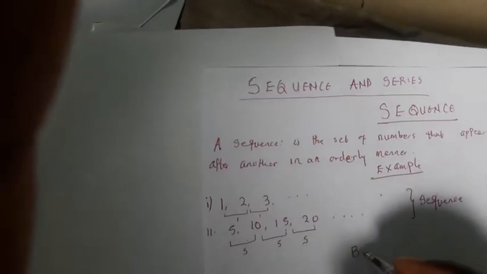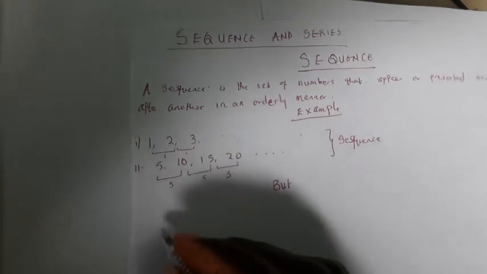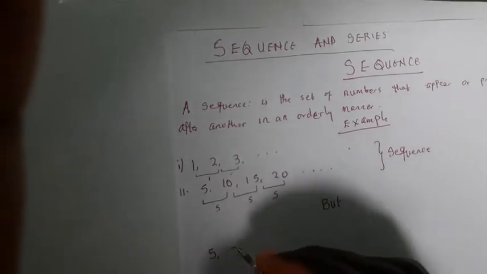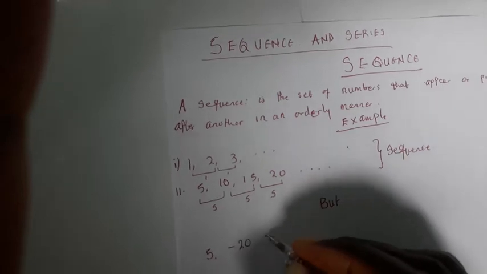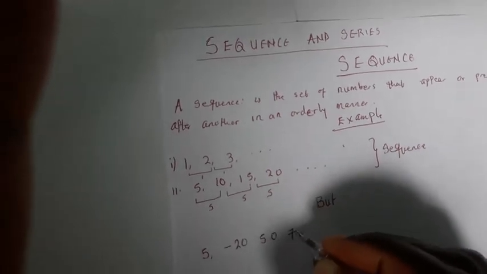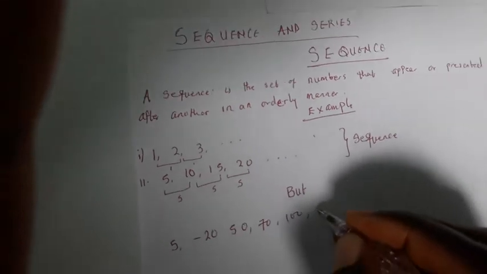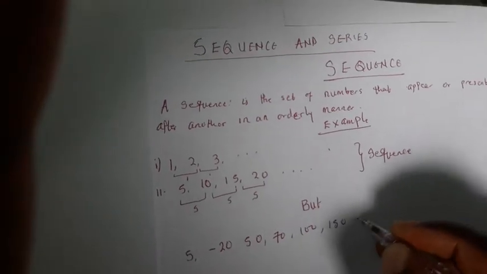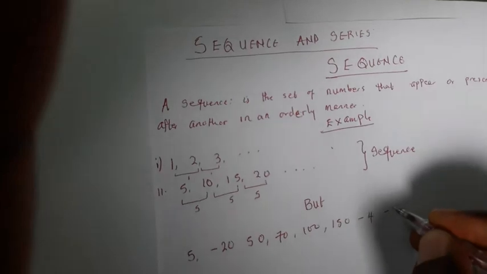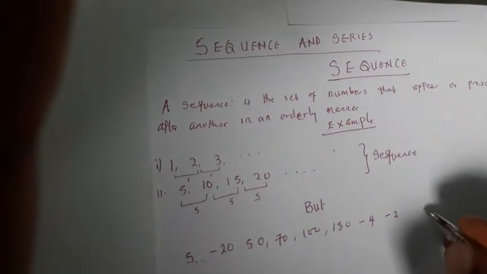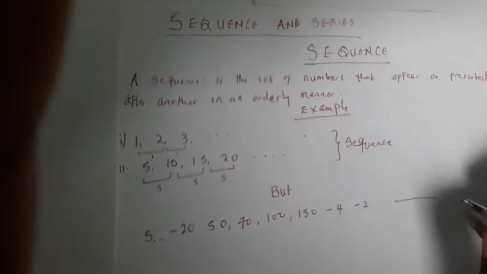But assuming we have 5, minus 20, 50, 70, 100, 150, minus 4, 2, you will notice all these numbers are arranged without order.